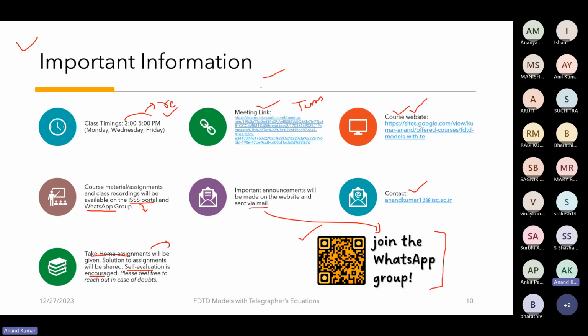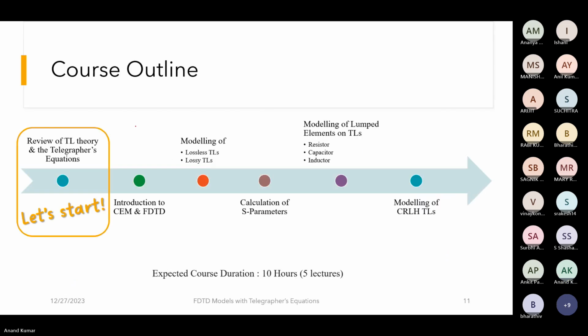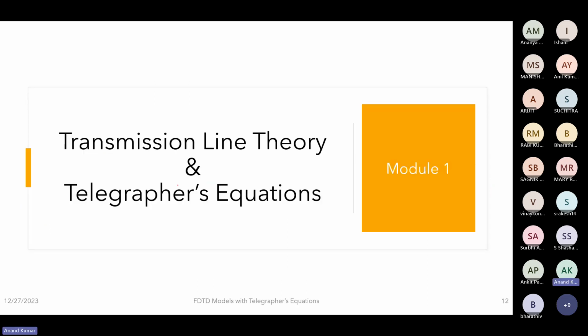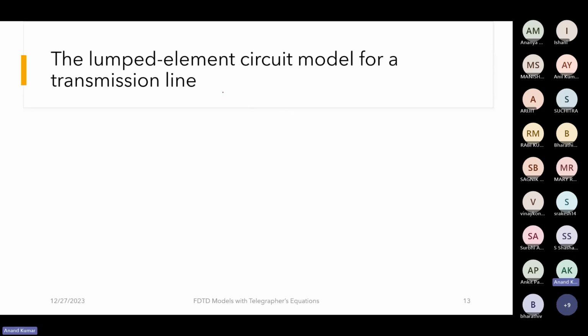Okay, I guess this was clear. I will proceed then. We'll start with the class now: review of transmission line theory and the telegrapher's equations. We'll begin with the lumped element circuit model for the transmission line. The key difference between circuit theory and transmission line theory is the electrical size.